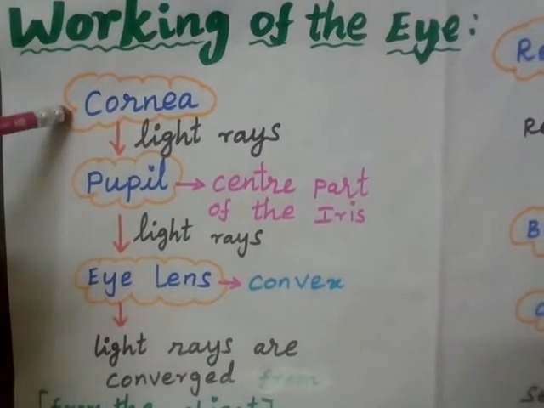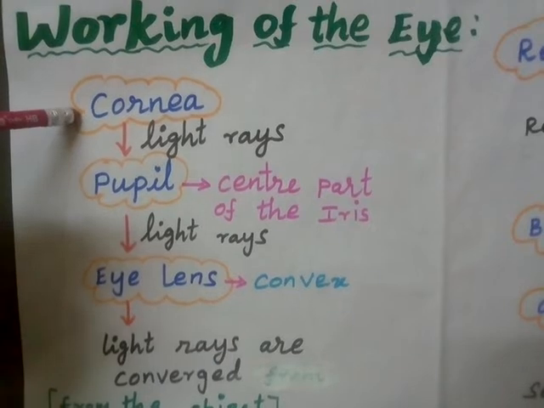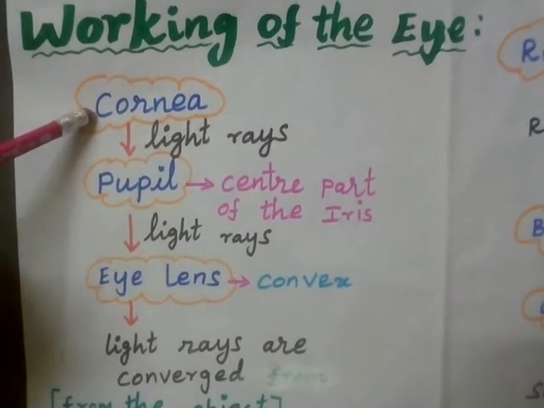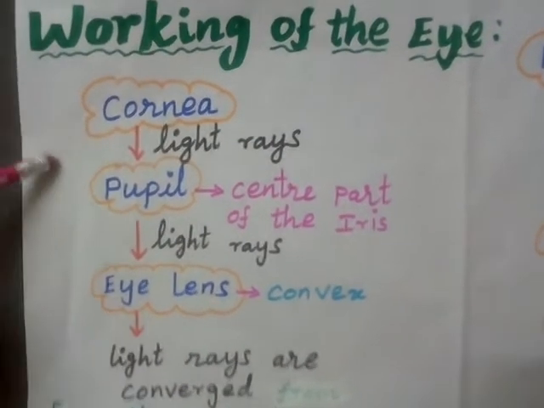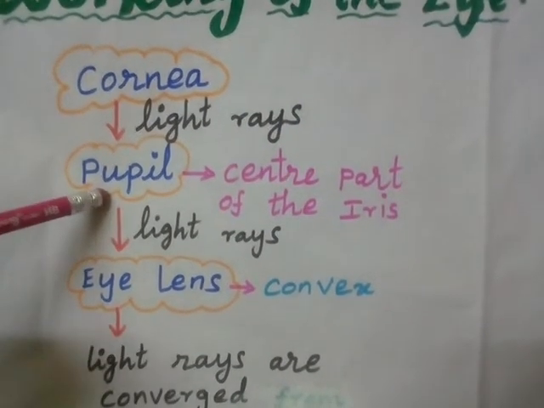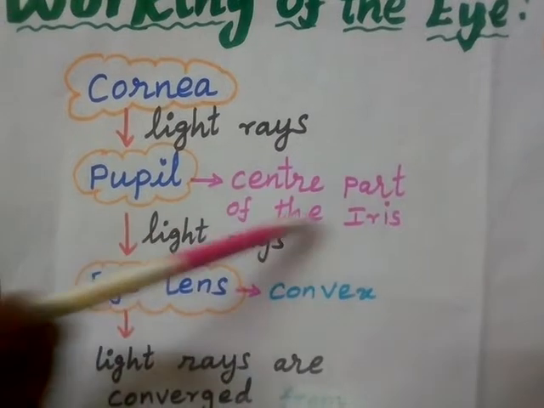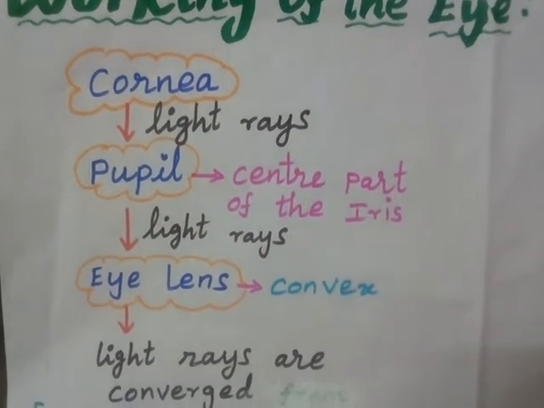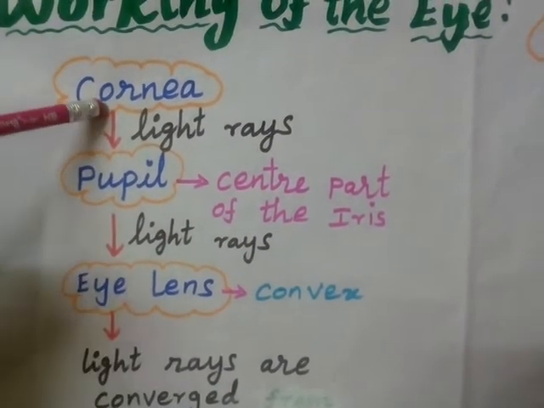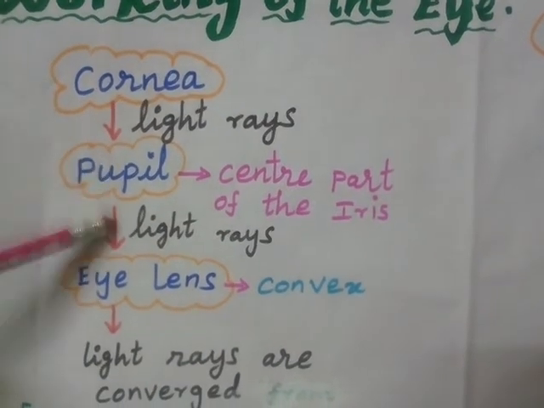The cornea receives refracted light rays from the object and sends them to the eye lens through the pupil. So what is the pupil? It is the center part of the iris. The center part of the iris is known as the pupil.